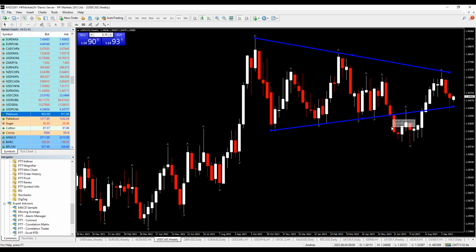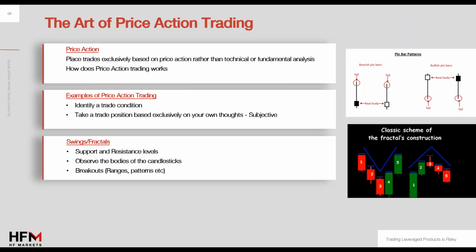So the break of that level could have triggered some limited short positions, while the return back could have triggered a long position with entry within the triangle and a target on the extension of the upper trend line. So you see, all kinds of patterns. So let's get back. As I said, widely used by institutional players as well.